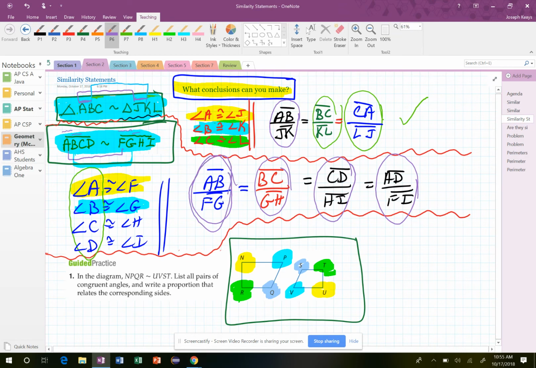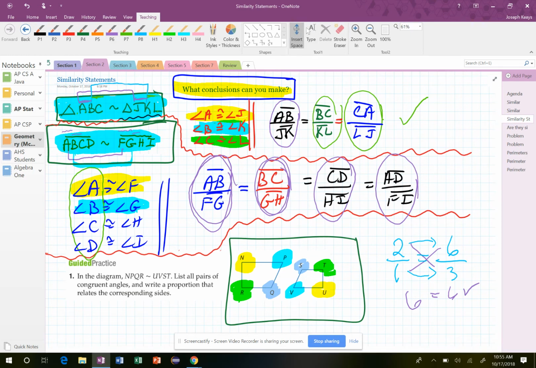This group of sides is proportional to that group of sides right there. So here's an example: if I had 2 over 1 and 6 over, what number would that be? Notice the scale factor here was 3, so the scale factor over here better be 3. Those are things we talked about in the previous lesson. We can verify that 2 times 3 is 6 and 1 times 6 is 6. Those are proportional.